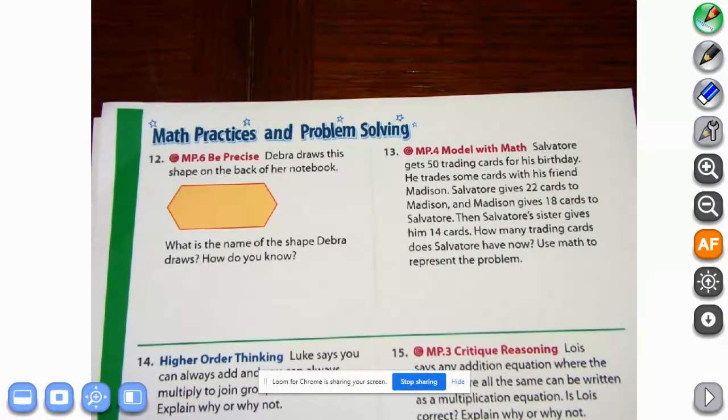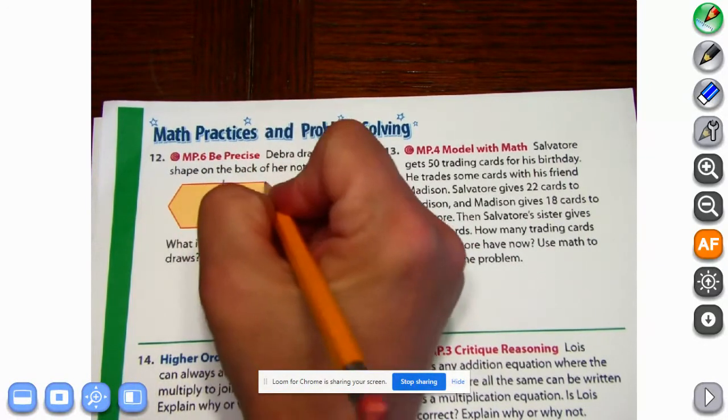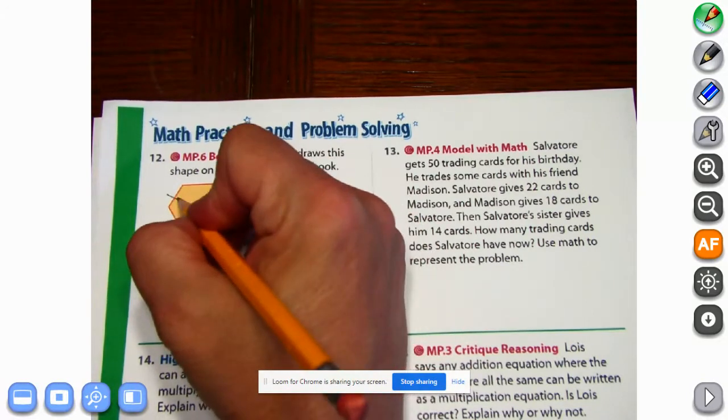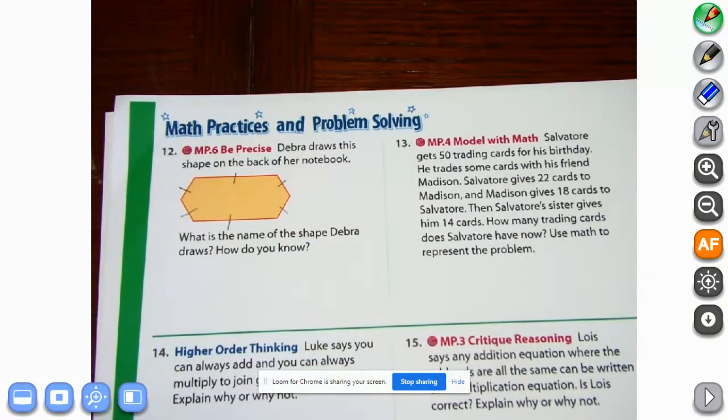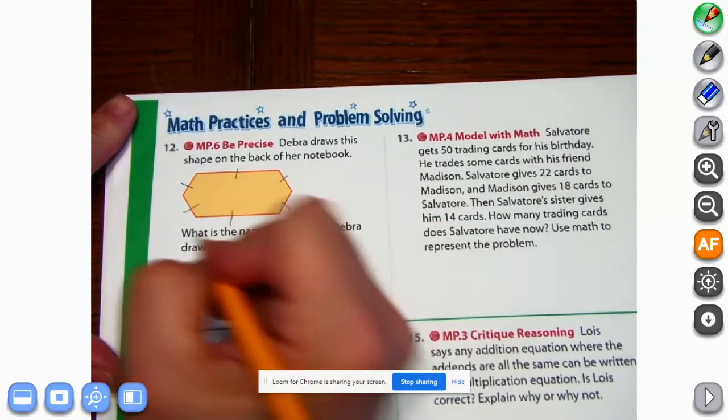Maybe I'll count the sides to see how many sides it has. There's 1, 2, 3, 4, 5, 6. Okay, 6 sides. I know that a pentagon has 5 sides, so a hexagon has 6 sides.